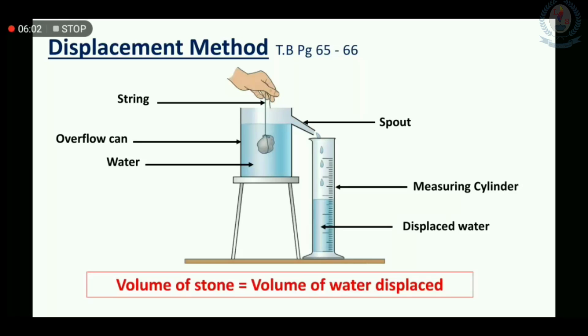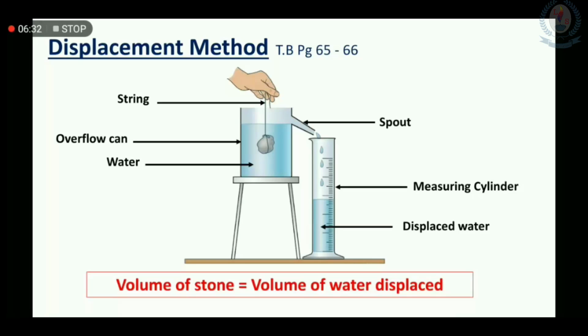Yes, correct. A stone is tied by a string. The stone is immersed in the overflow can which contains water, isn't it? Yeah. What happens here is excess water gets poured into the measuring cylinder through the spout, when the water level rises above the level at which the spout is present.